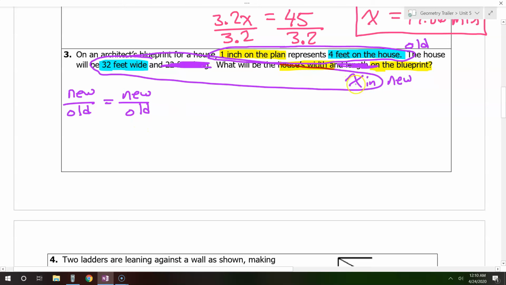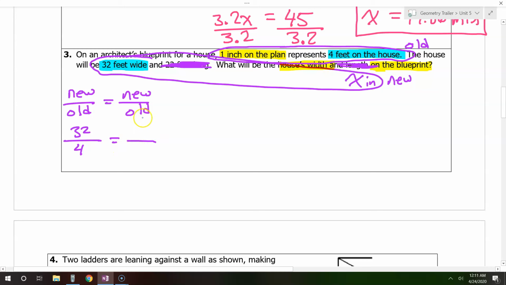Let's do the blue first. The new blue is 32, so we have 32 over 4, which is the old blue. Those are lengths on the actual house.